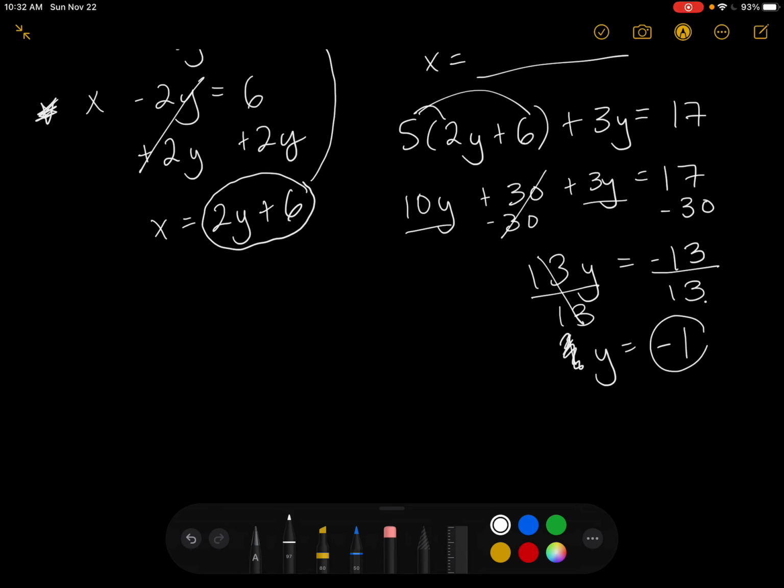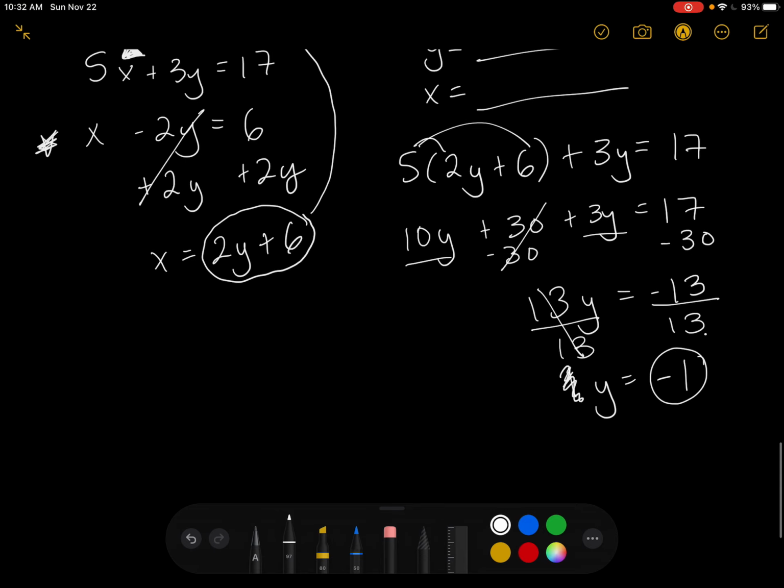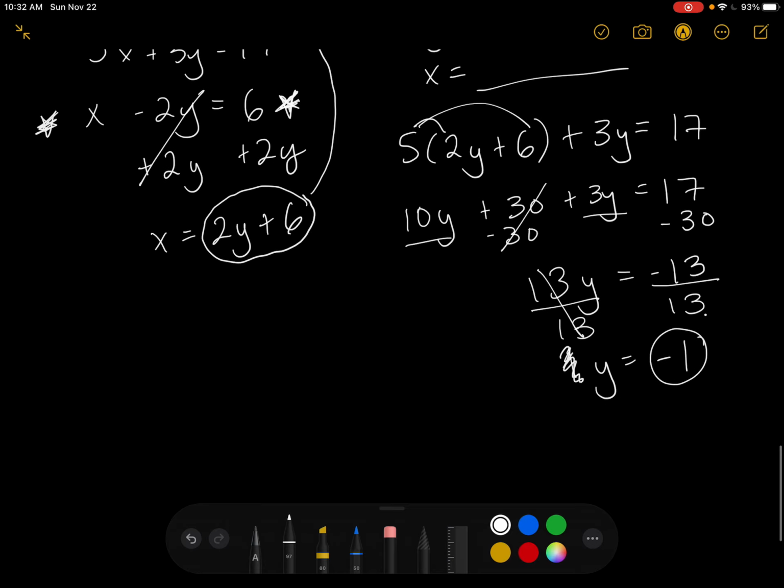So I can take my y value of -1 and I can plug it into any of the two equations. I always like to pick the equation with the smallest numbers, because then you're going to be multiplying smaller numbers and it's just easier. But you can plug it into any one. Right, so I'm going to pick the x minus 2y equals 6. Okay, so y is -1.